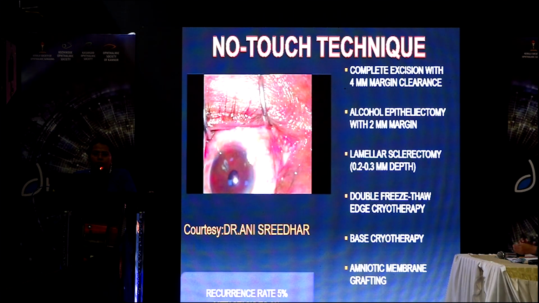So the protocol is, gold standard is surgery, which is a no-touch technique, which means we don't touch the tumor so that the seeding becomes less.